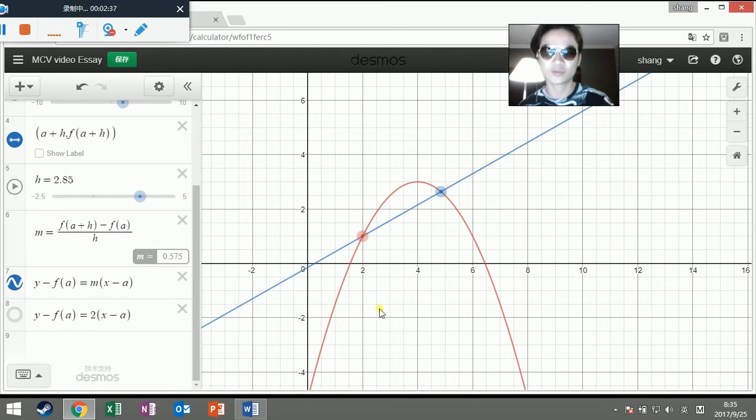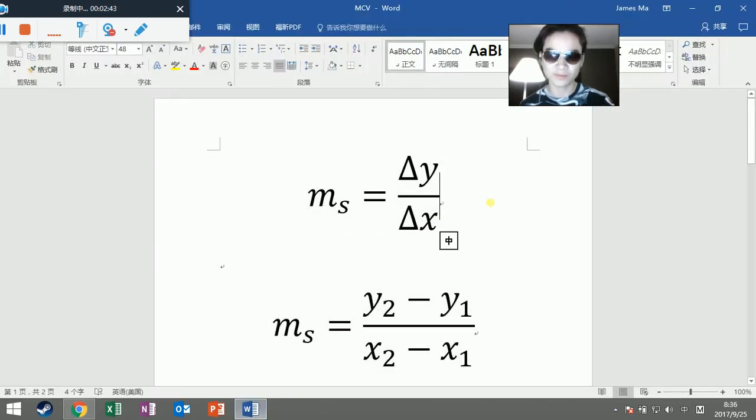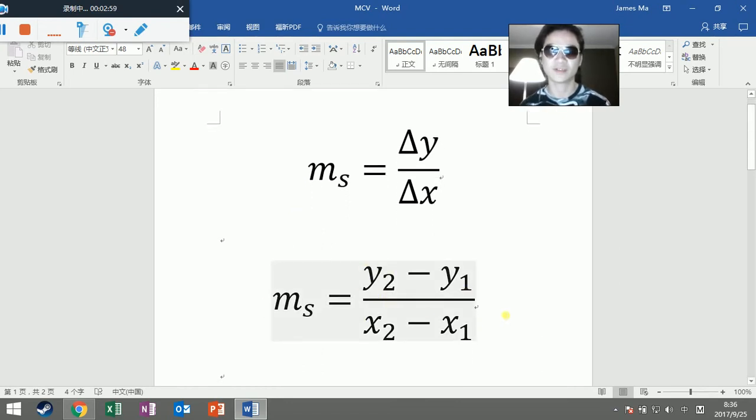So we need to use a formula to find this slope. The formula is m equals the change in y value divided by the change in x value. Simplified, the numerator is the y value at point B, the addition point, minus the y value at point A, the base point, divided by the same with the x values.